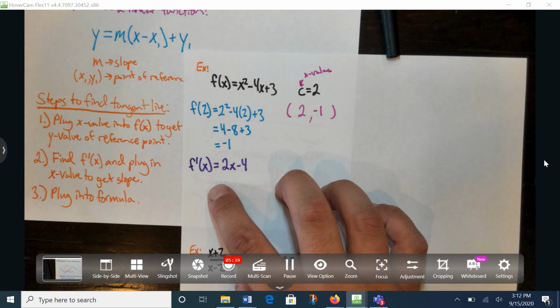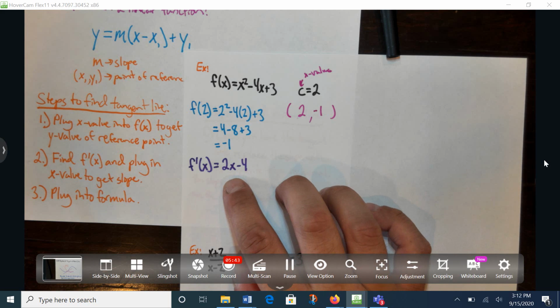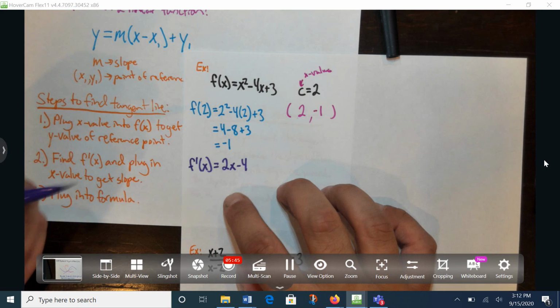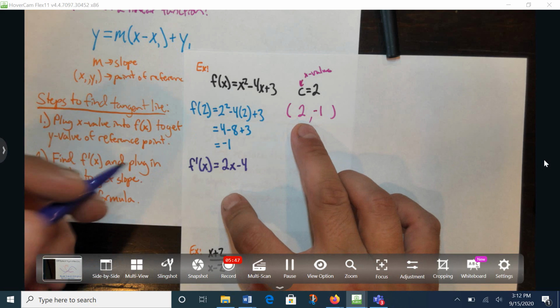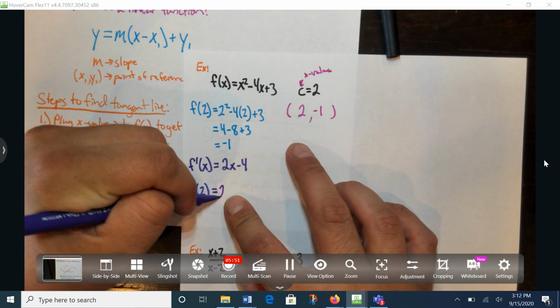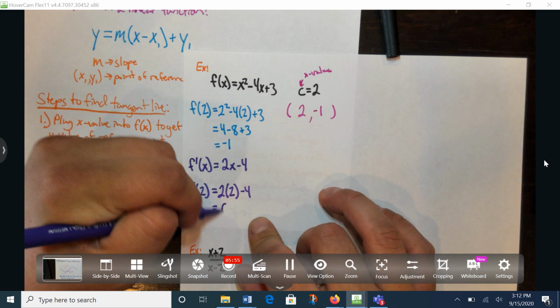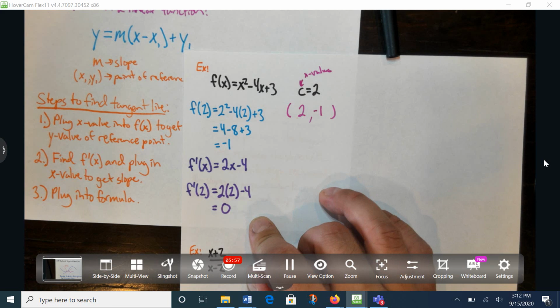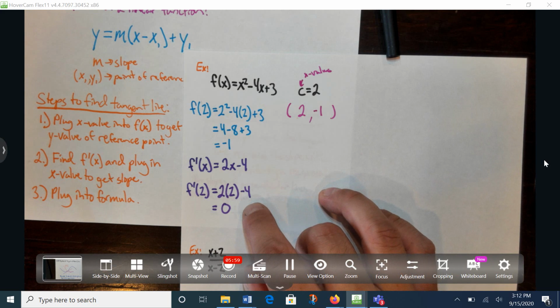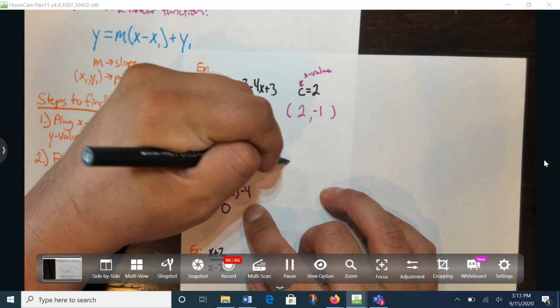Now that we have the derivative, to find the slope at that point, let's evaluate at 2. So f prime of 2 is going to be 2 times 2 minus 4. 2 times 2 is 4, so it's going to be 0. So now we have enough information for our tangent line. And hopefully this is much easier than last time.